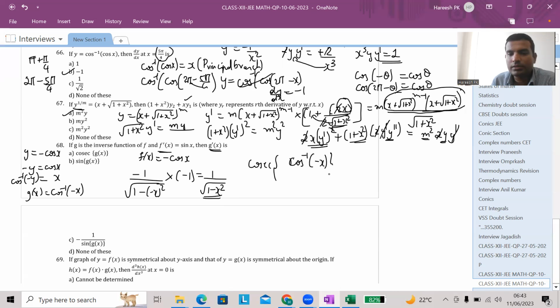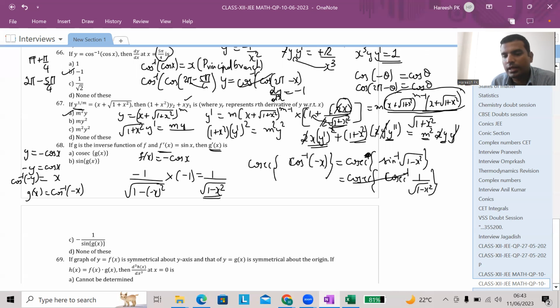I can write cos inverse minus x as sine inverse root 1 minus x square, which further I can write as cosecant inverse 1 by root 1 minus x square.